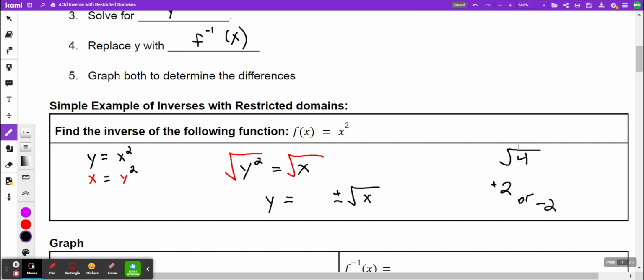Negative 2 times negative 2 equals 4. So I have two different answers right here. One input has two answers. Hey, wait a second there. What is the definition of a function? All right, let's go on in 3, 2, 1.